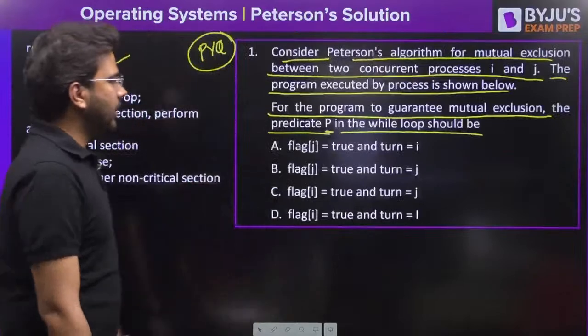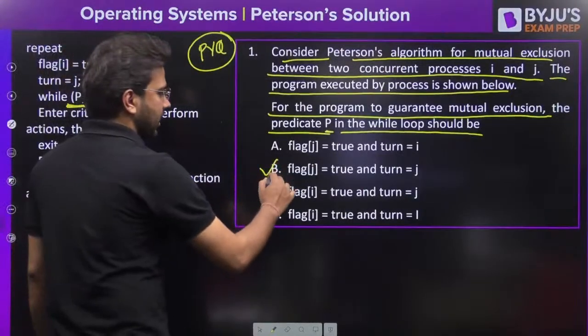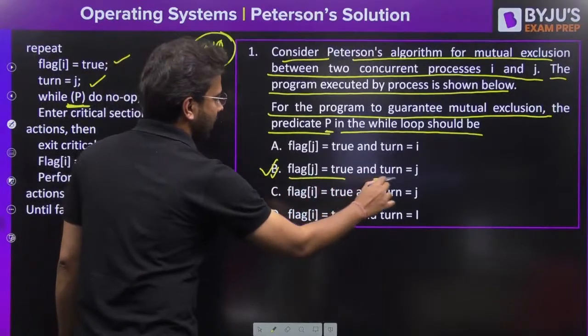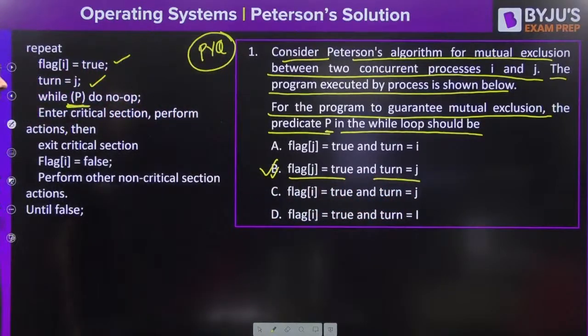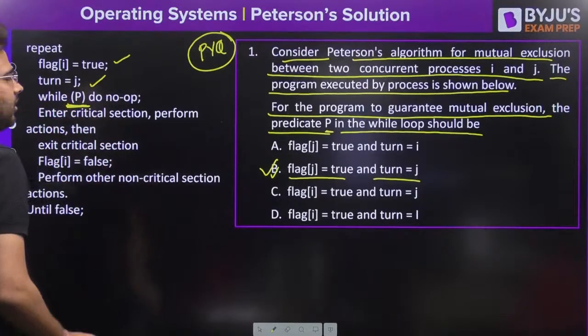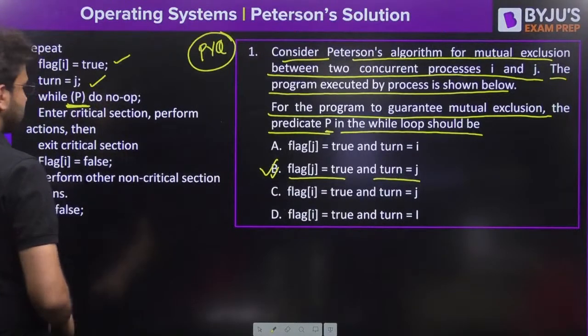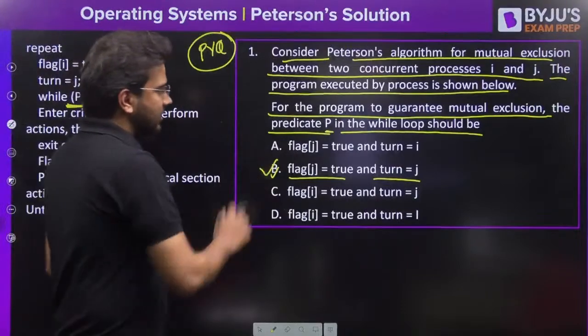Okay, so we can see here that only option B is the correct answer: flag[J] is equal to true and turn is equal to J. If this is the condition we have in the while loop, then definitely it will guarantee mutual exclusion. So option B is the correct answer.